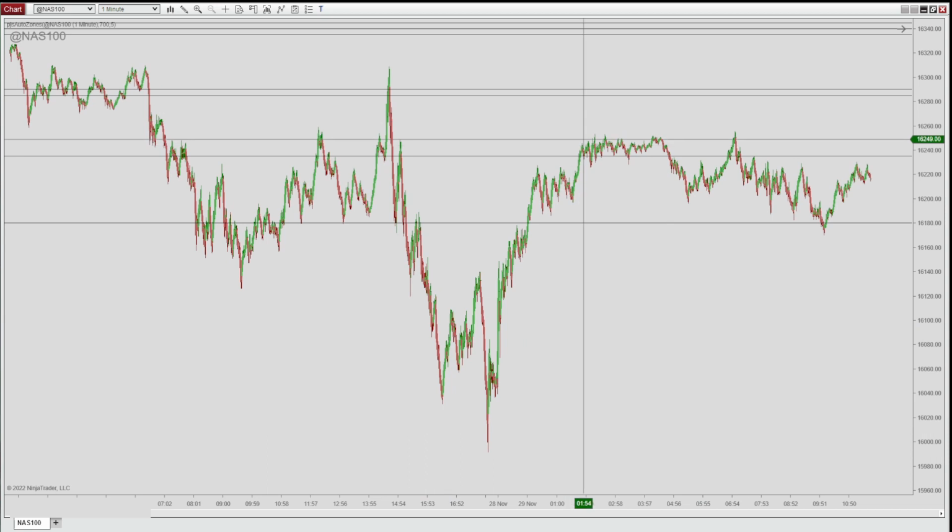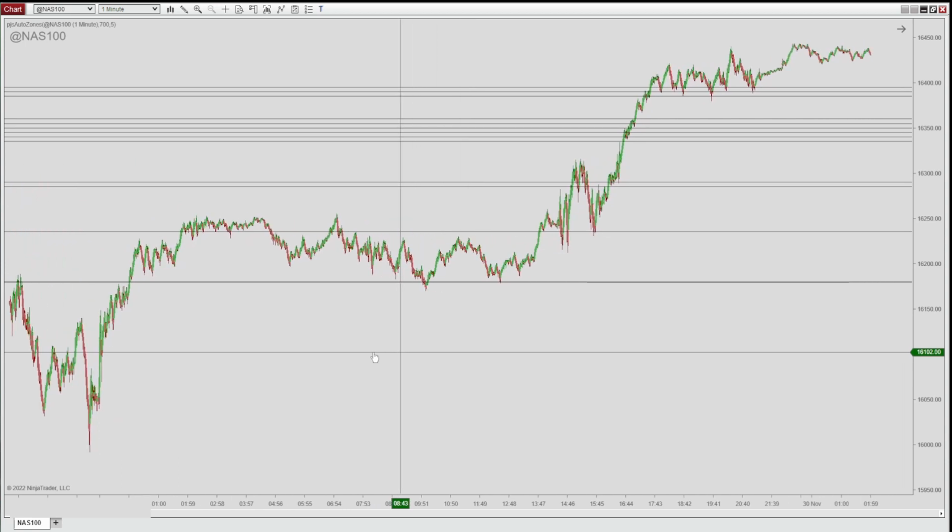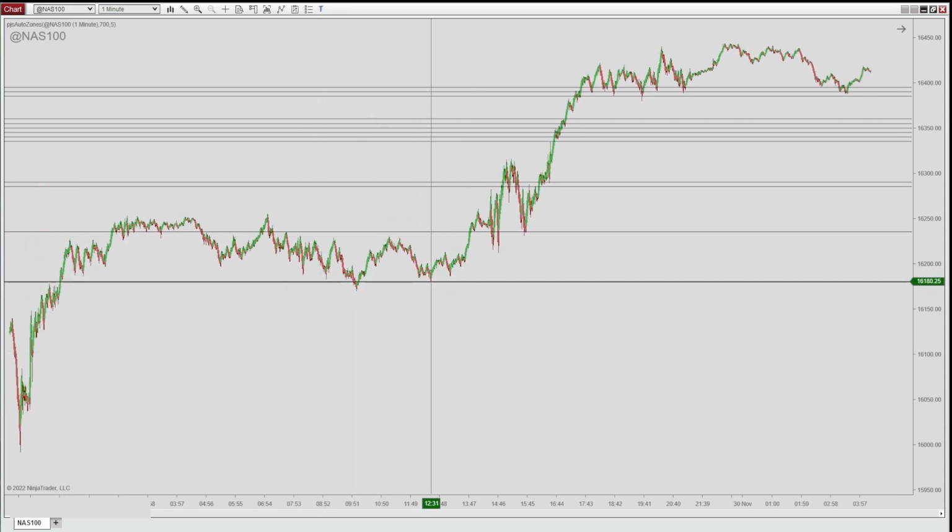So any reaction you see, like this, is a legitimate reaction to volume that was traded on the prior day. So presumably algos on the prior day are still interested in this. It appears to look reasonable.